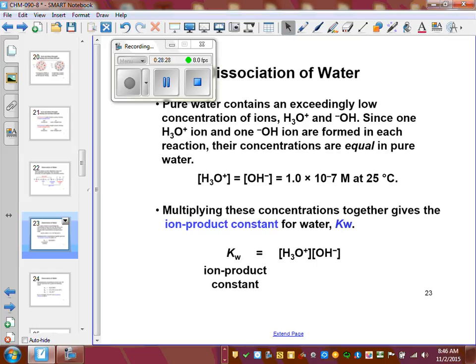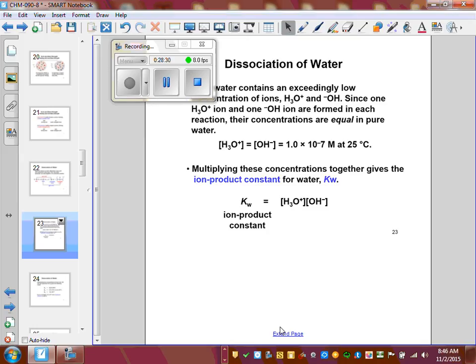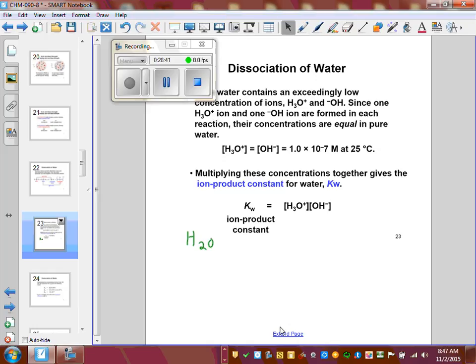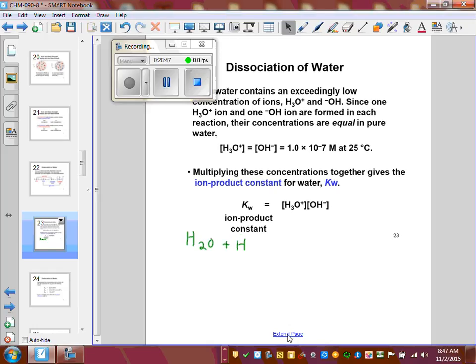If we multiply these, we haven't really talked about equilibrium, but this is called the equilibrium constant, or the ion product. It forms two ions.